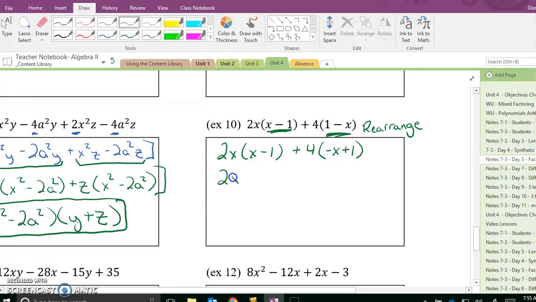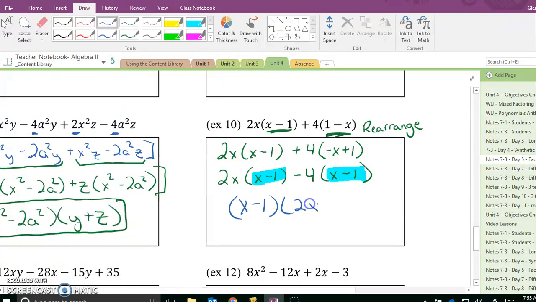So now I'm going to pull out the negative, 2x times x minus 1 minus 4 times x minus 1, which now gives me the same thing inside of each of these parentheses. So I will be left with x minus 1 times 2x minus 4.